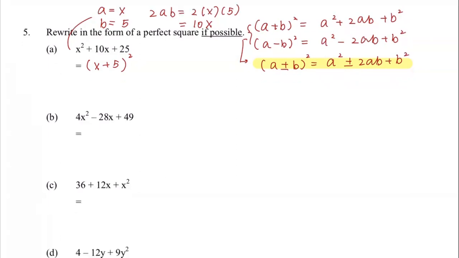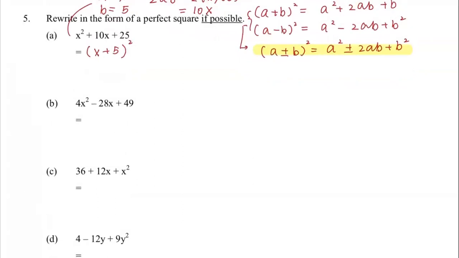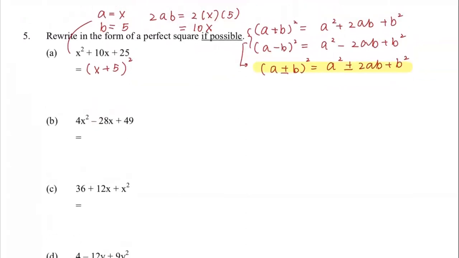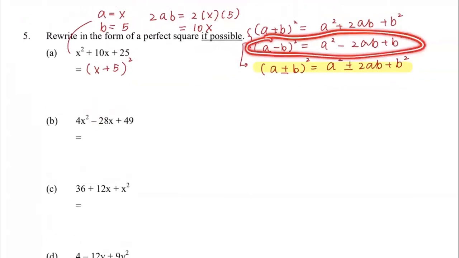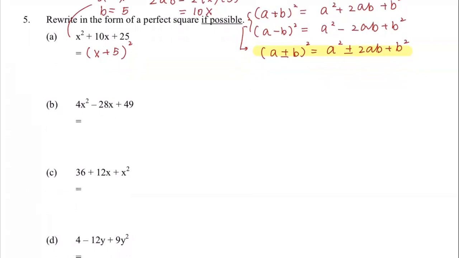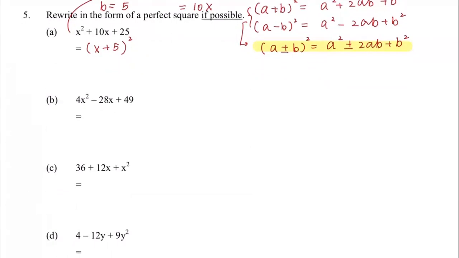Let's look at question B, 4x squared minus 28x plus 49. It's a minus sign over here, so we should look at the second formula. Let me write it down again, so it's easier for us to read.